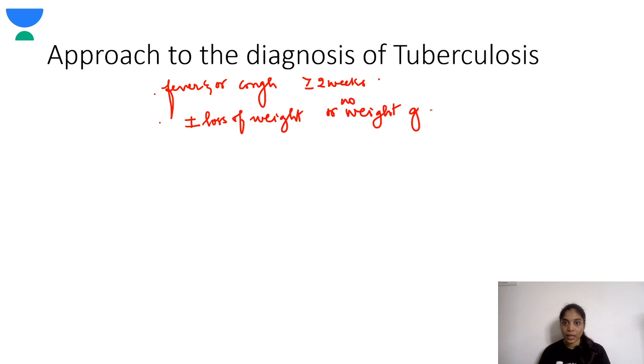Then a history of contact, this is for pediatrics, history of contact with someone who was suspected or who was diagnosed with tuberculosis.